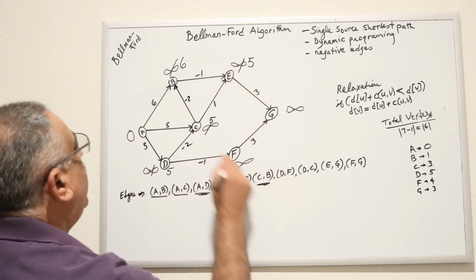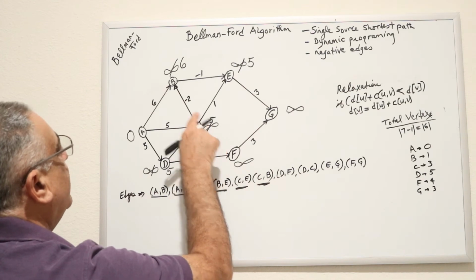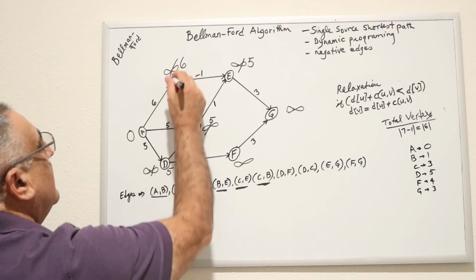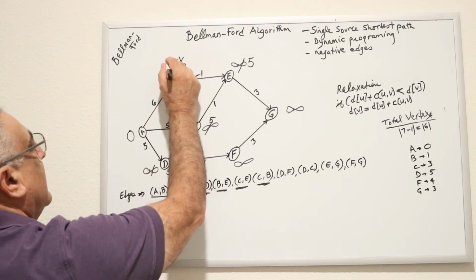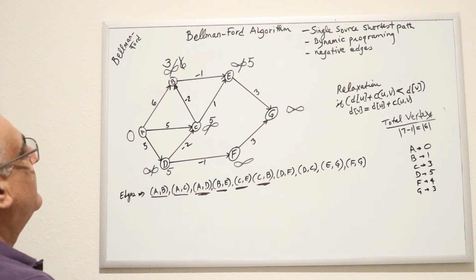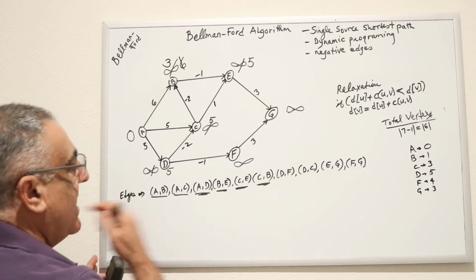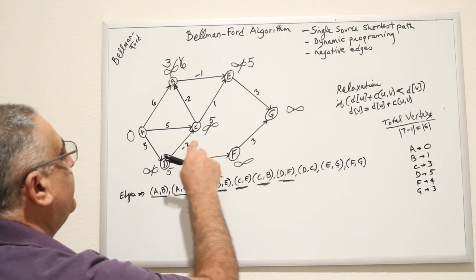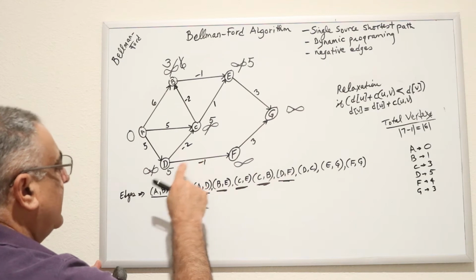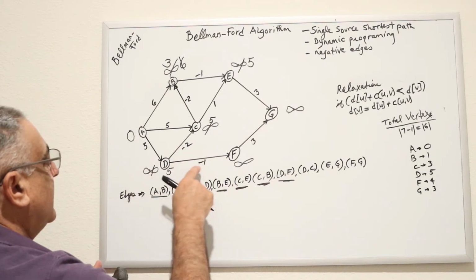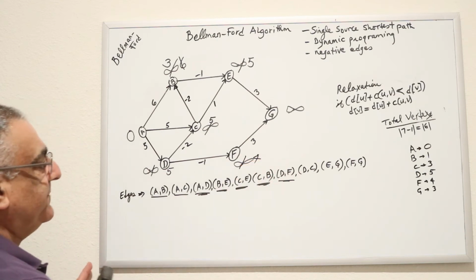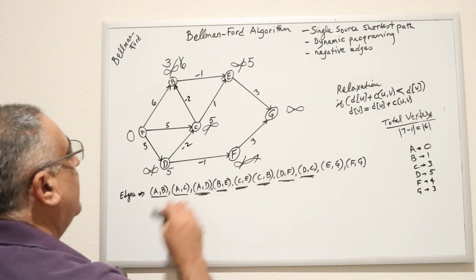How about C to B? Well, 5 plus negative 2, which is going to be 3, which is less than 6. So I put that to 3. Now how about D to F? 5 plus negative 1. So that's a 4, which is less than infinity. How about D to C?